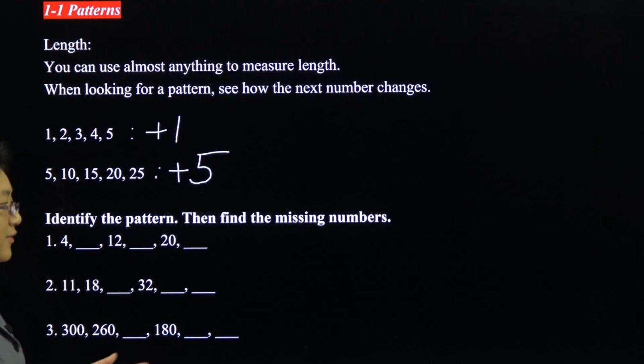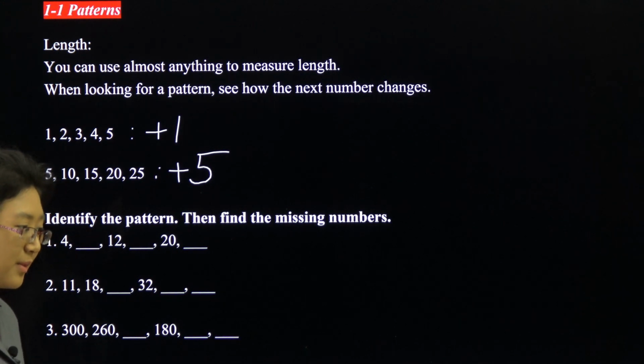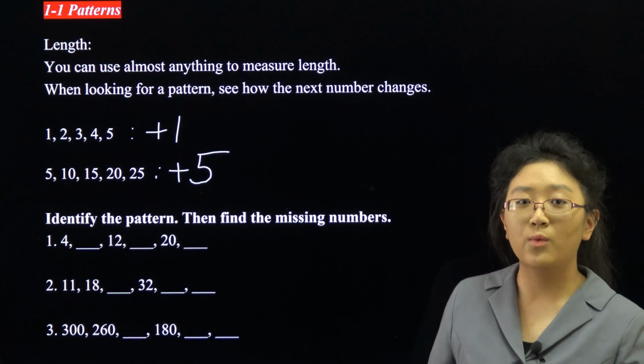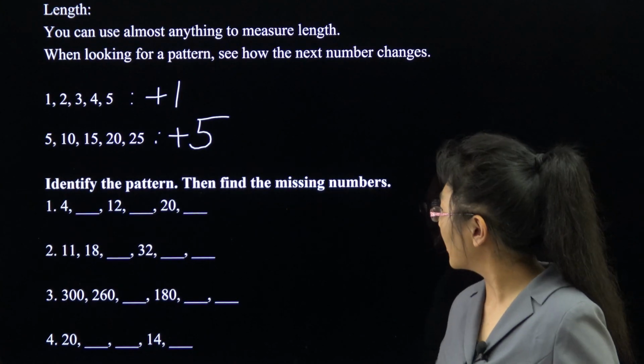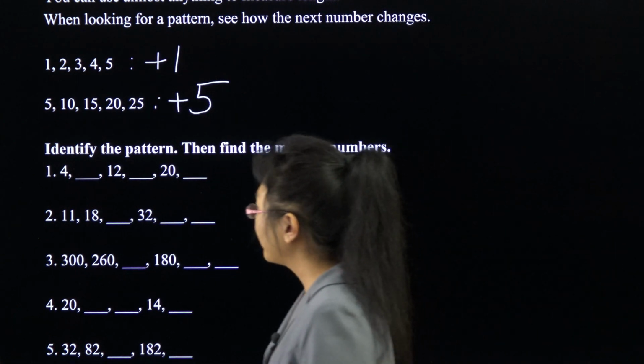Identify the pattern, then find the missing numbers. The first one we have here is 4, something, 12, something, 20, something. Now you might be wondering, I don't really have the next number, how do I figure out what the next number is? Well, complete the pattern by filling in the missing numbers.